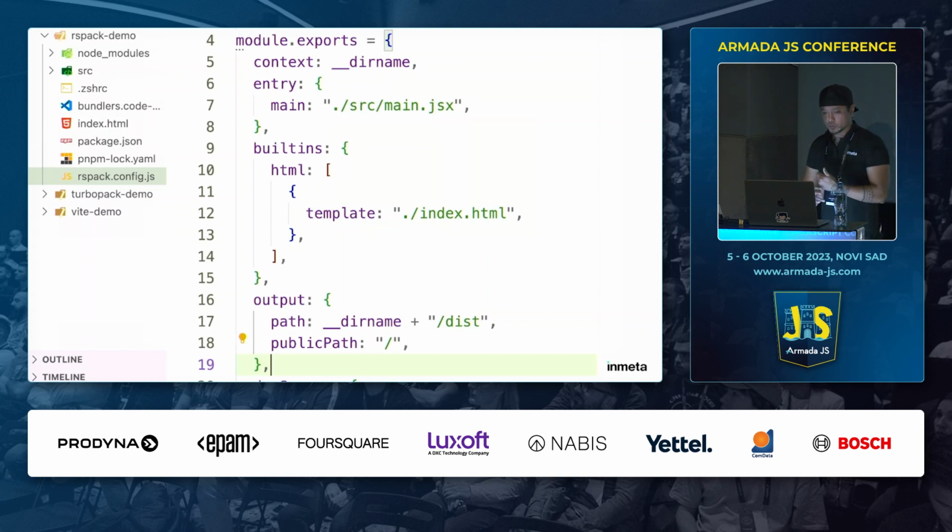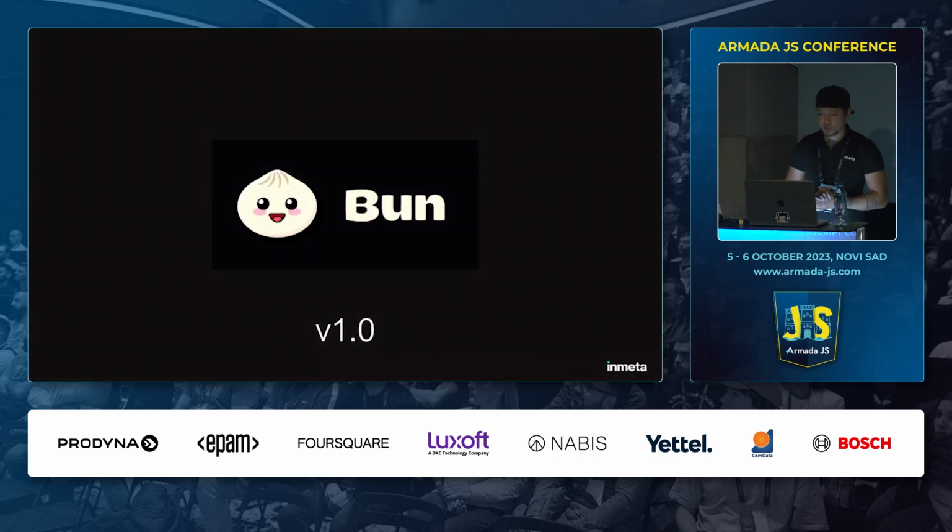So these are the two new JavaScript bundlers written in Rust, but I edited and updated this presentation, and I just want to share with you this new JavaScript bundler, Bun. I can't help it. This is a hot topic right now. Just a quick overview.